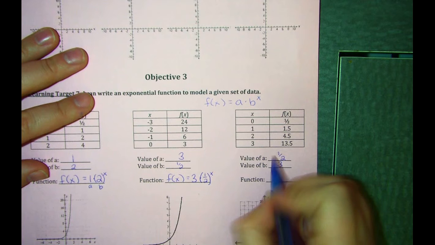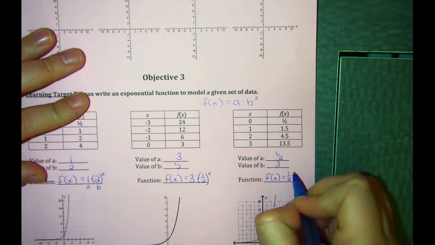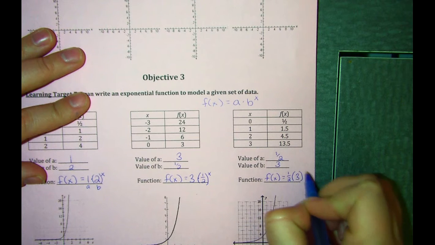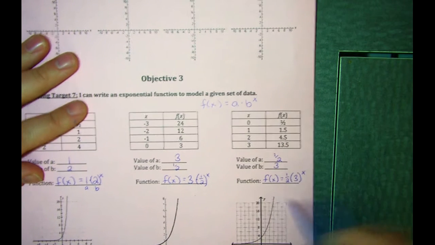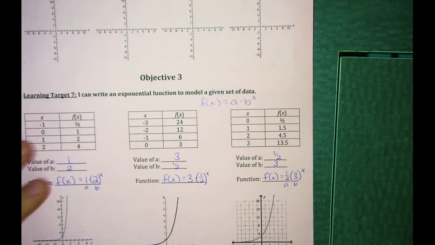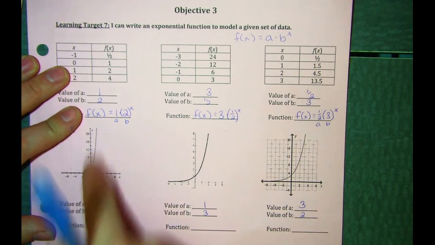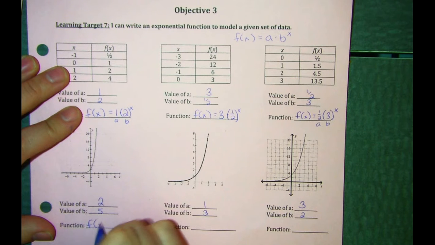So here we have f of x equals A, my B value in parentheses, to the x power. A times B, so that's A, that's B to the x power. For this one, my function that would create this graph would be f of x equals 2 times 5 to the x power because 2 is my A value and 5 is my B value.